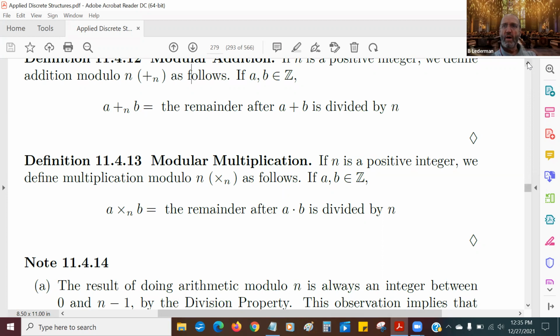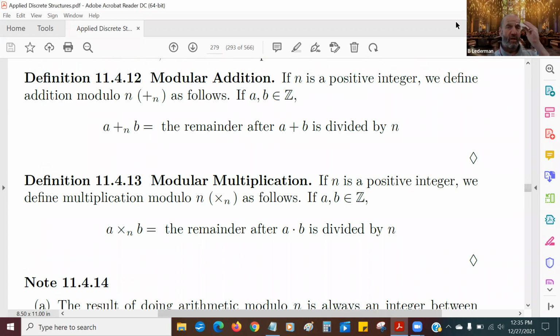So now, modulo addition. A plus B modulo n, that's how we read it, is the remainder after A plus B is divided by n. That's how we define modulo addition. So 7 plus 12 mod 5: 7 plus 12 is 19, and the remainder if I divide by 5 is 4.